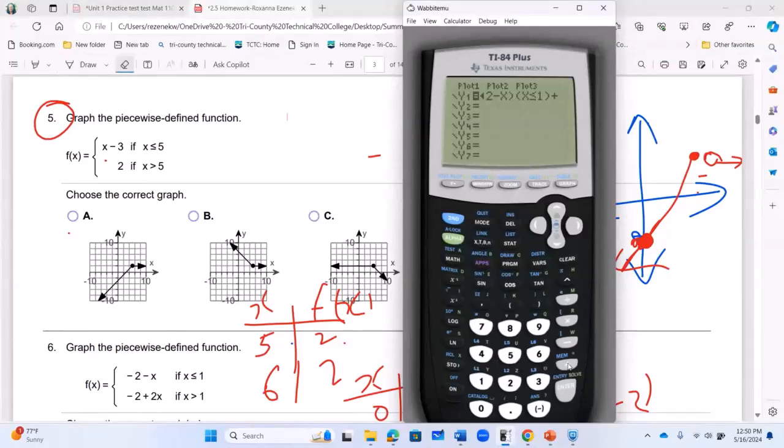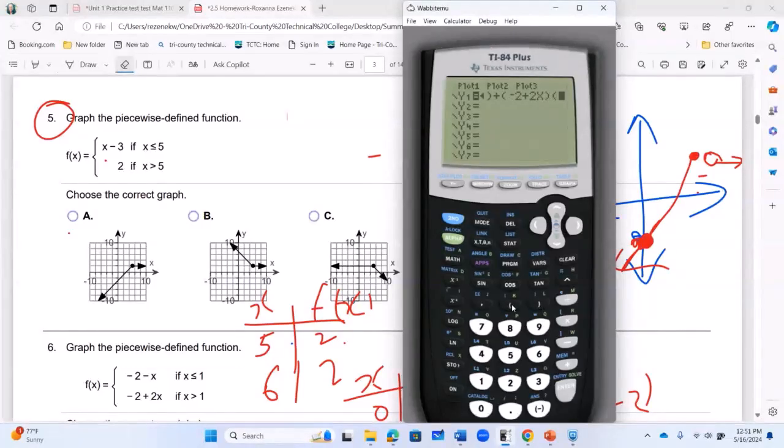The second piece is a binomial again. I open a parenthesis, put in the binomial, -2 plus 2x. Then close the parentheses. But I have not put in the condition, which says x is greater than 1.